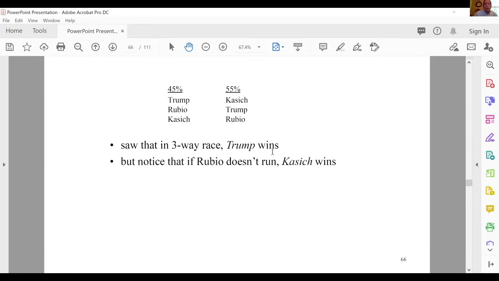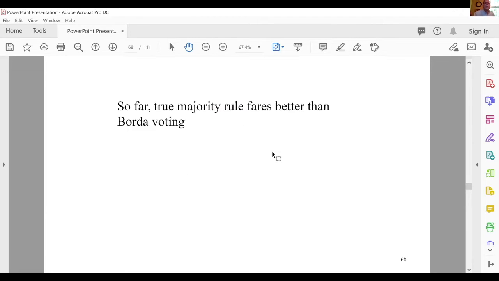If Rubio didn't run, then it would be a two-person race between Trump and Kasich, and now Kasich would win because the majority prefer him. So the Borda count violates the no vote splitting principle.